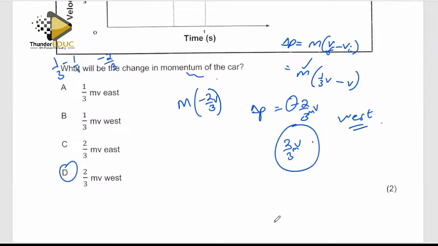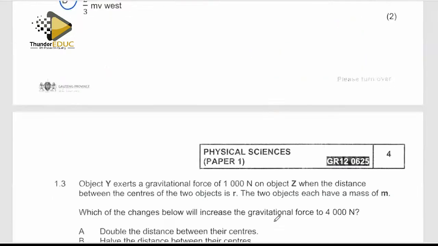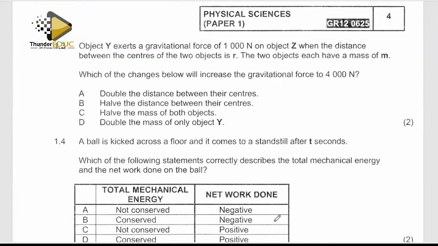All right, then 1.3. An object Y exerts a gravitational force of 1,000 newtons on object Z when the distance between the two objects is r. The two objects have a mass of m each. Which of the following will increase the force to 4,000?